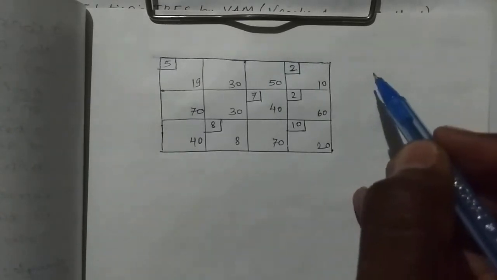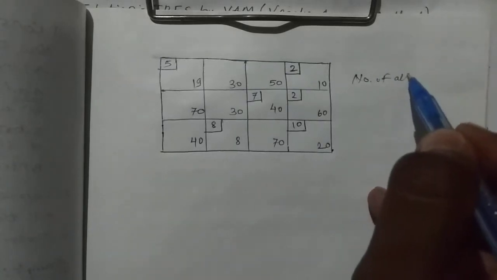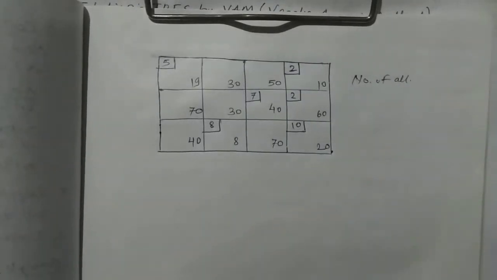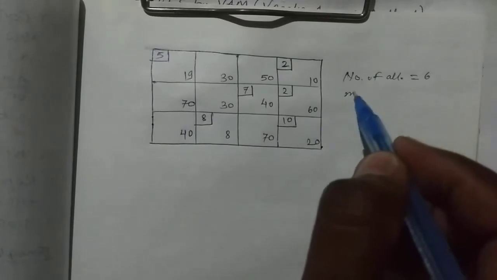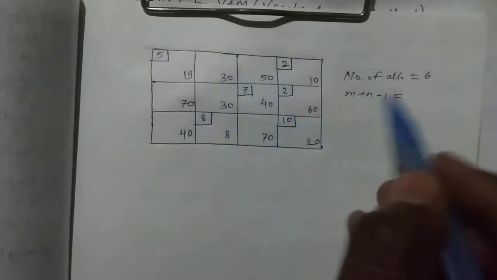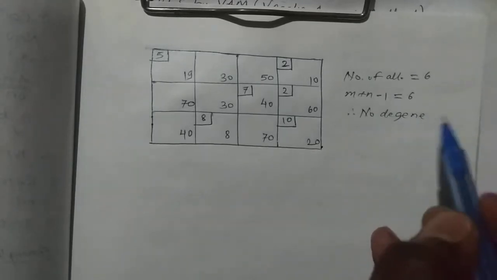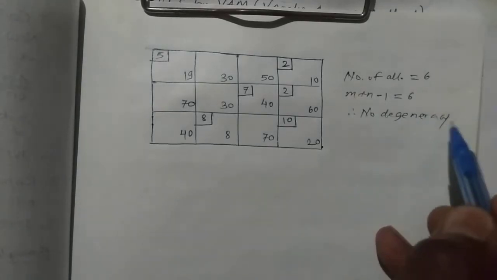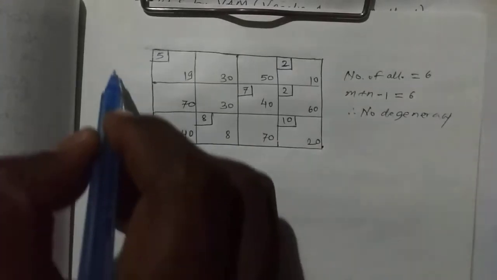Degeneracy is to be checked with respect to number of allocations. So number of allocations are here 6, m plus n minus 1, that is number of rows plus number of columns minus 1 equal to 6. So therefore no degeneracy in this solution.